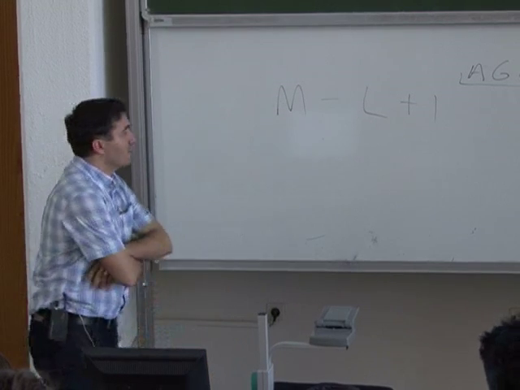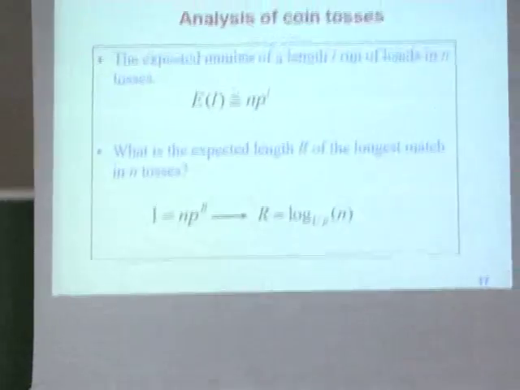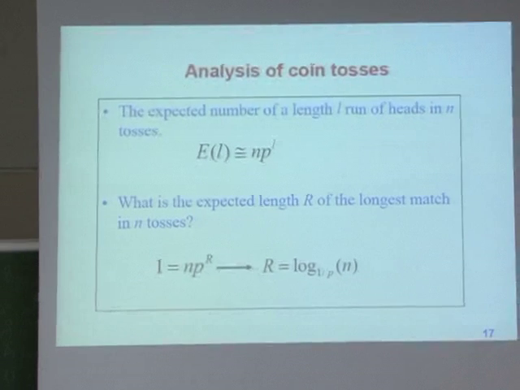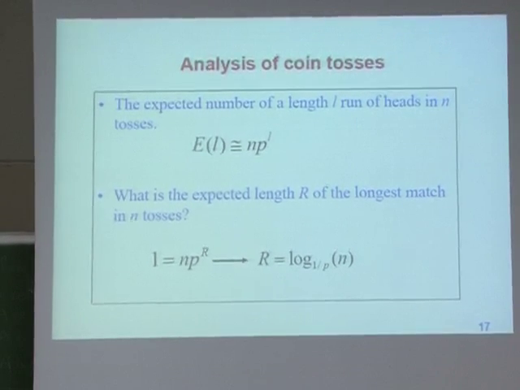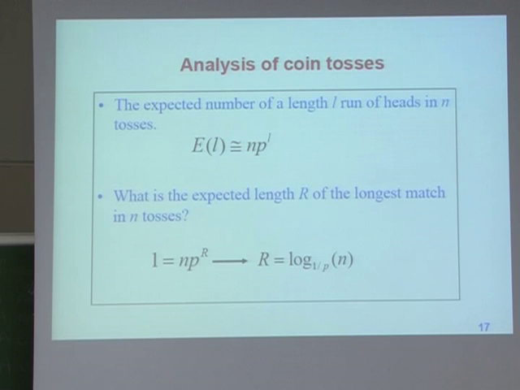And if we convert this to formulas, this expected number, this 3.1, can be formulated in terms of the length L run of heads.